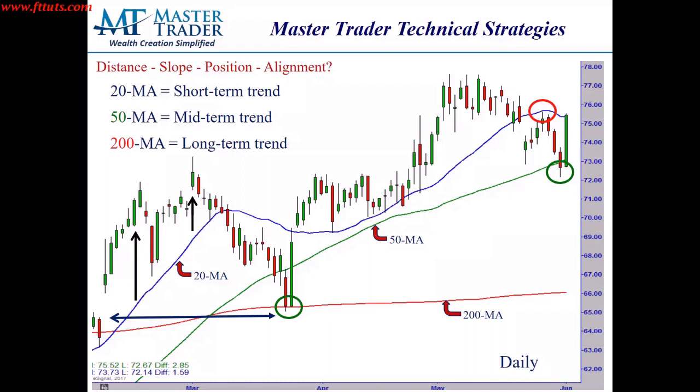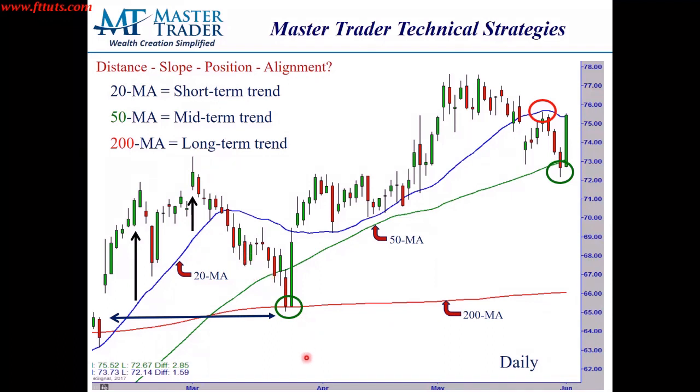Now, when we look at our time frame with those multiple moving averages, here's our daily chart, our focus is the distance. Well, the distance between price and the moving average. The distance between those moving averages. The position. Are prices above the moving averages? Are they in between the moving averages?